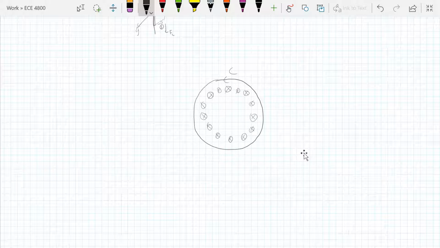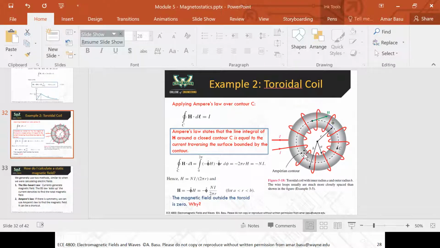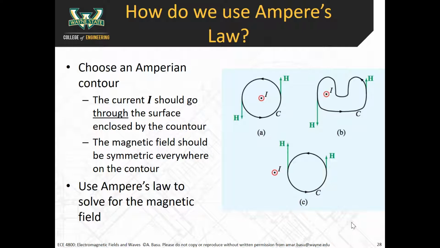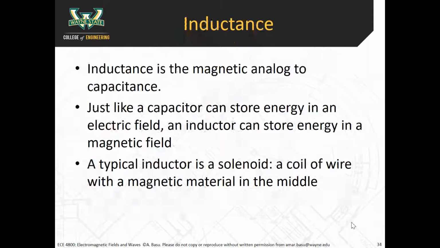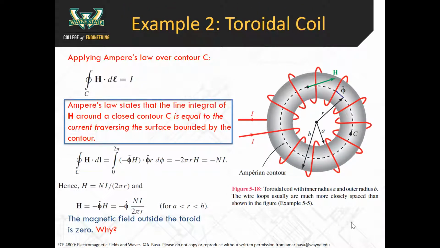Now this is the part that you have to think about a little bit, just geometrically. If you follow that current through that wire, you'll notice that on the inside of the donut, the current always goes into the screen.